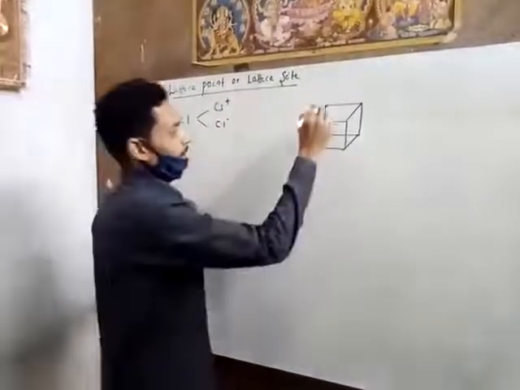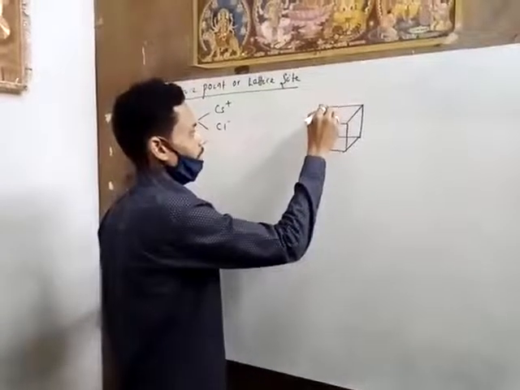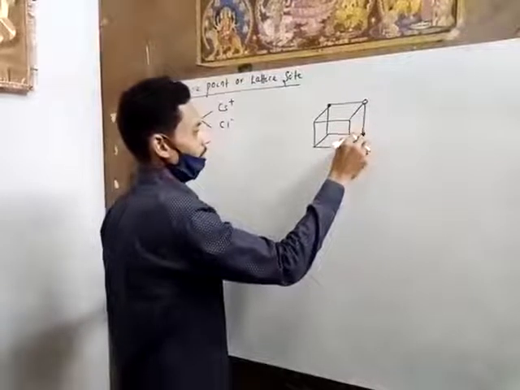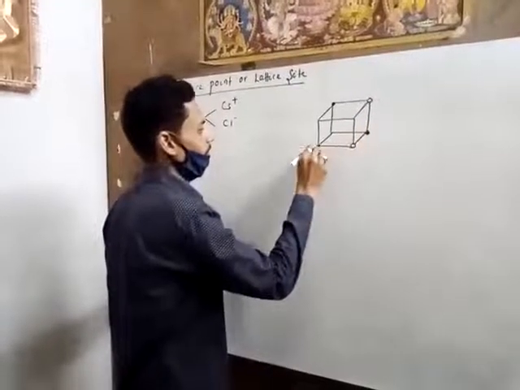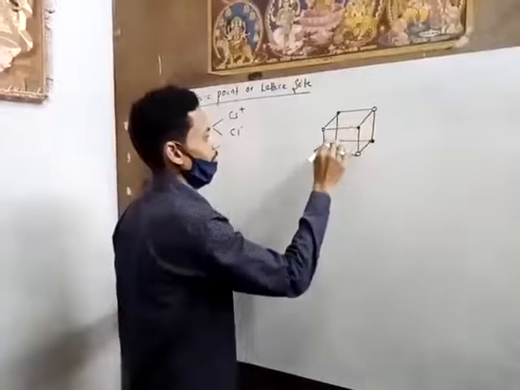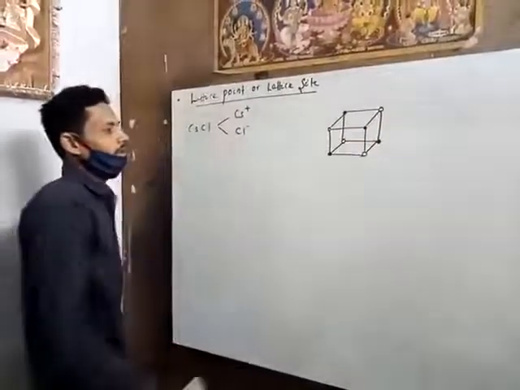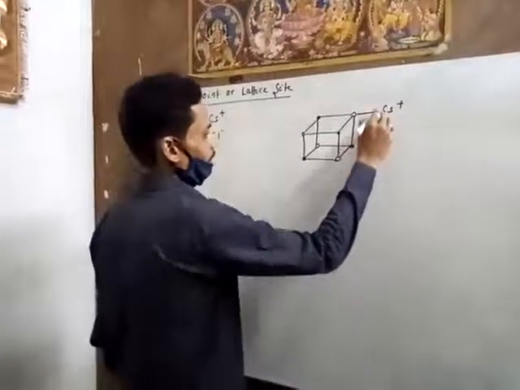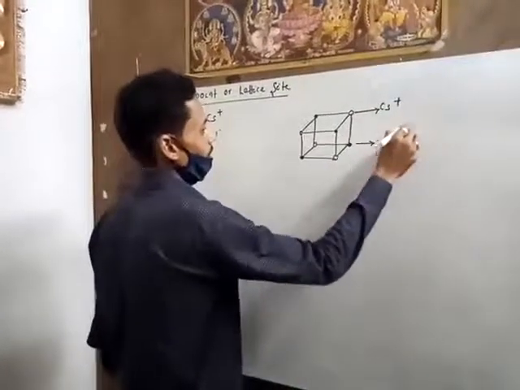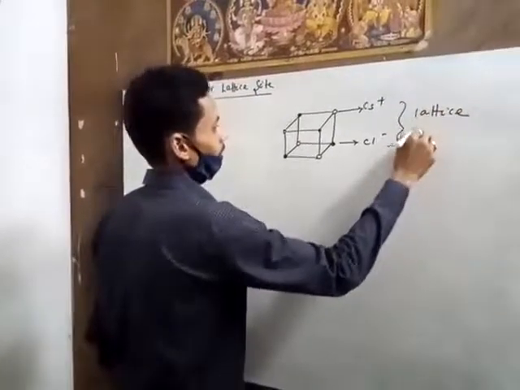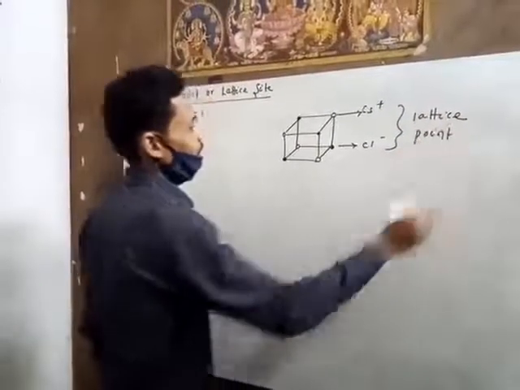So here 8 corners are there. That means there are 8 lattice points. This is cesium plus, then this ion is Cl minus. These are occupied by the lattice points or lattice sites.